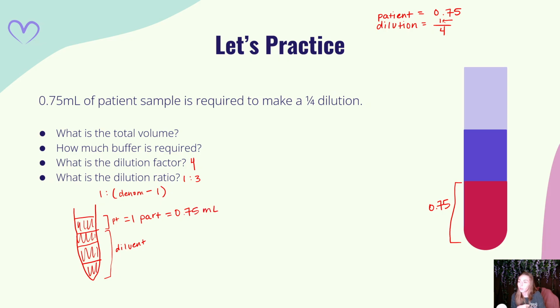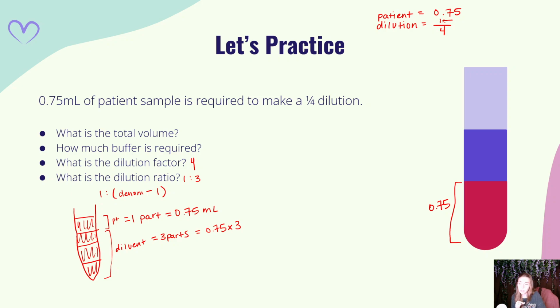Our diluent is equal to 3 parts, which means that if we know the value of 1 part, we can just multiply it by 3. So if 1 part equals 0.75, we would multiply 0.75 times 3.